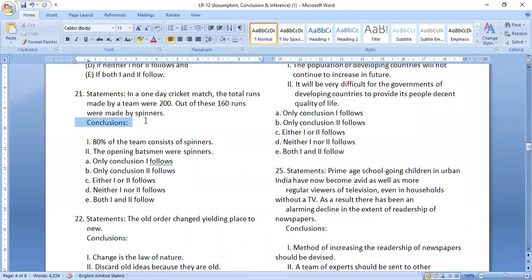Conclusions: 80% of the team consists of spinners. No, sir. That's too bold a conclusion, right? The opening batsman was a spinner. No, sir. We cannot conclude. Yeah, they both can't be concluded. So I think neither one nor two can be concluded. So I think it's option D.